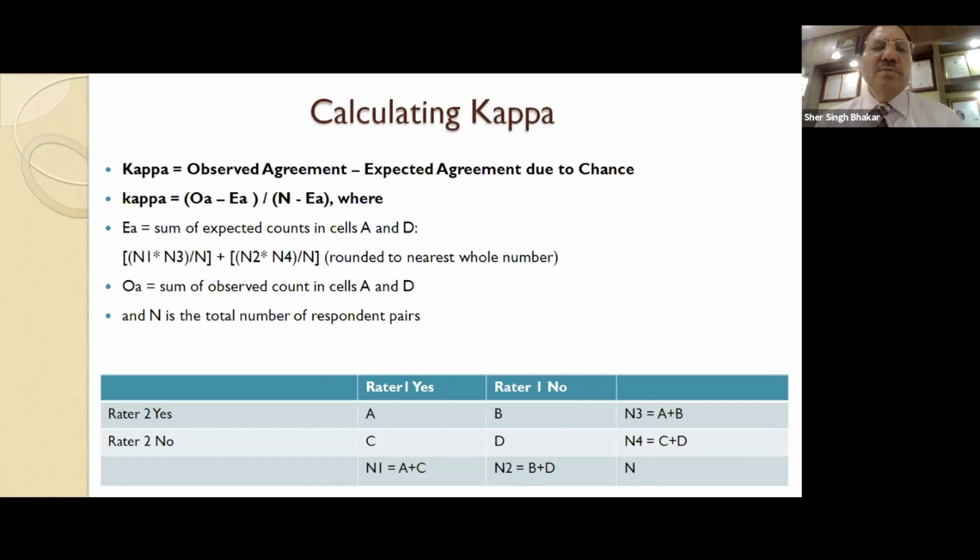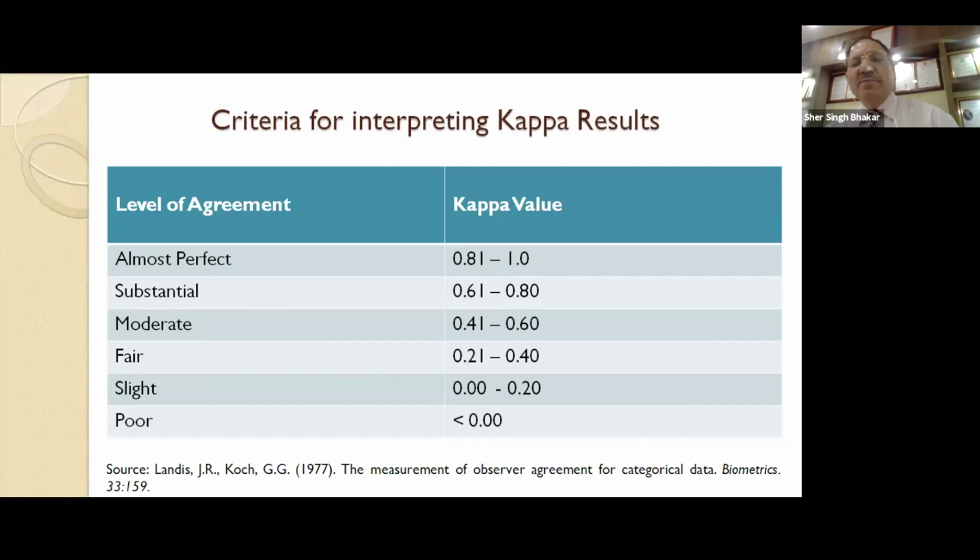There we need to indicate that inter-rater reliability was also computed, and the kappa is this. You find 0.8 and above is considered almost perfect, and 0.6 and above is considered very good. So 0.6 and above is perfectly okay. Below that is not acceptable. Or it is moderate, fair, slight, or poor. This is not acceptable.